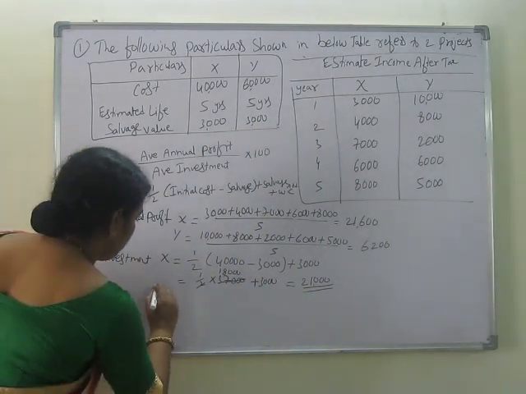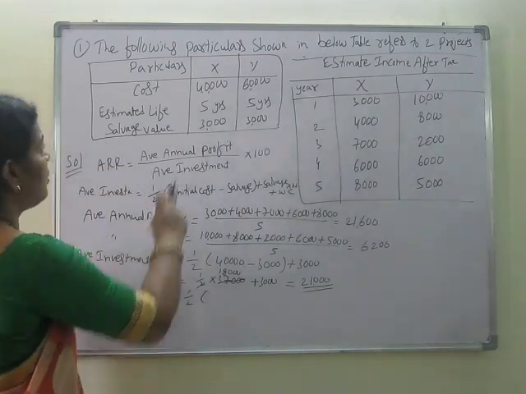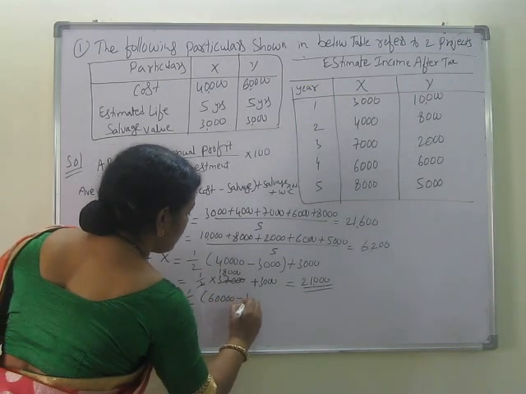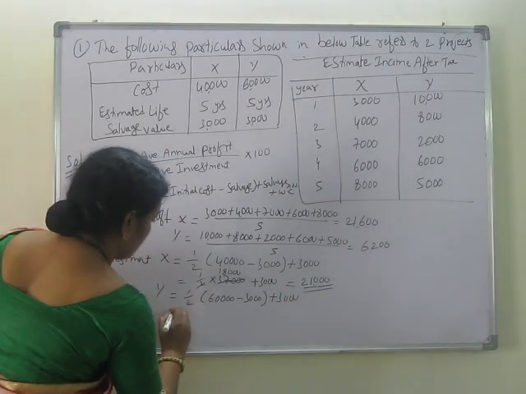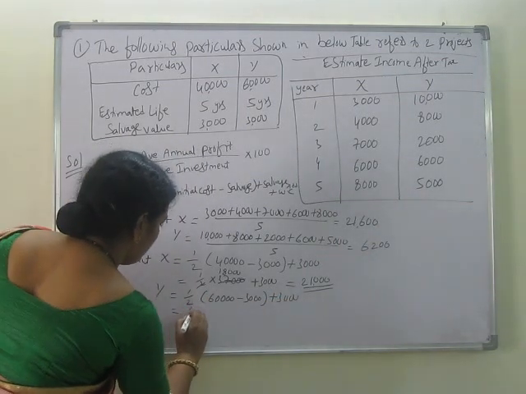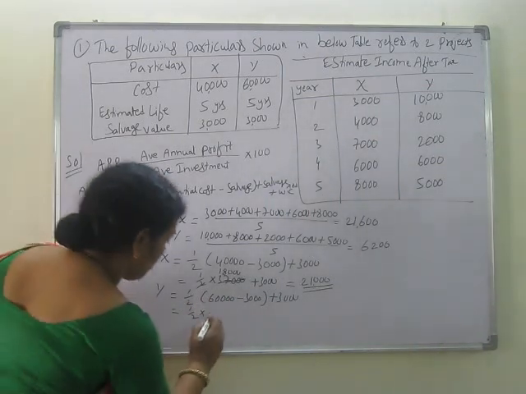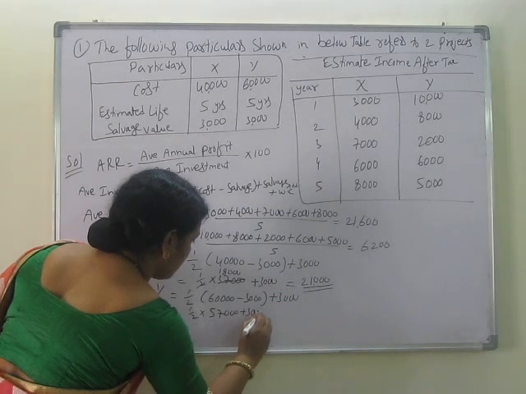In the same way, average investment of Y. 1/2 into initial investment of 60,000 minus salvage value 3,000 plus 3,000. So this is equal to 1/2 into 60,000 minus 3,000, 57,000, plus 3,000.